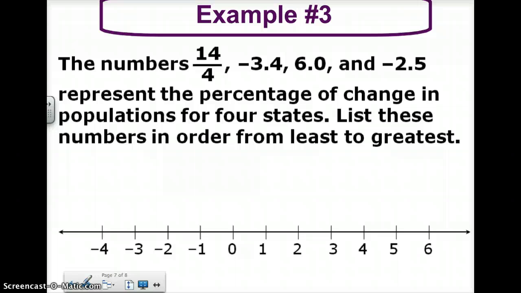We're going to need to list these numbers in order from least to greatest. I'm going to start by plotting my decimals on my number line. Negative 3 and 4/10, positive 6, and negative 2.5.